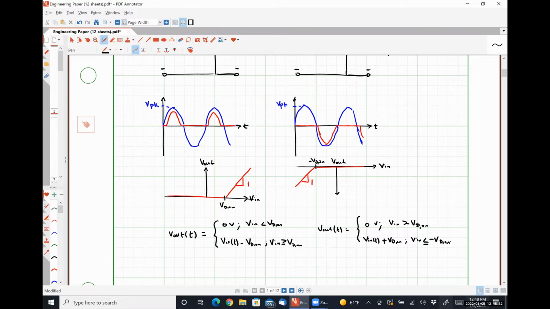The applications for which we can use a half-wave rectifier are actually pretty limited, and it's because the output voltage goes through a pretty large swing, and then there is no output voltage for effectively half of the time. So what that means is that we are delivering roughly half of the power that's being delivered to our secondary windings to a load.